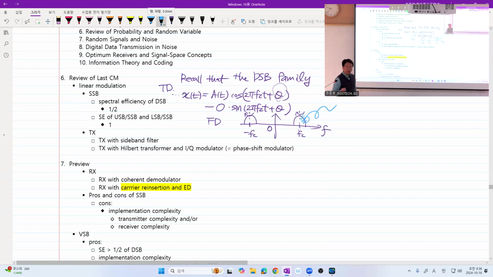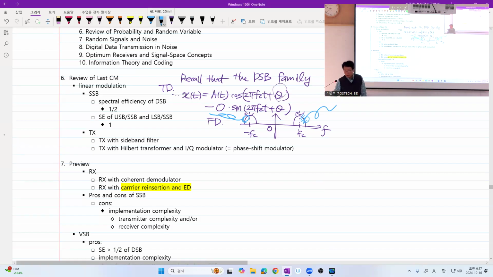By the way, can we just delete only this upper side band in the positive frequency? Of course, you can do, but your resultant signal would be no longer real valued, because any real valued signal must satisfy conjugate symmetry, which means that if you want to remove this part, you also have to remove that part too, in order to keep the output signal real valued.